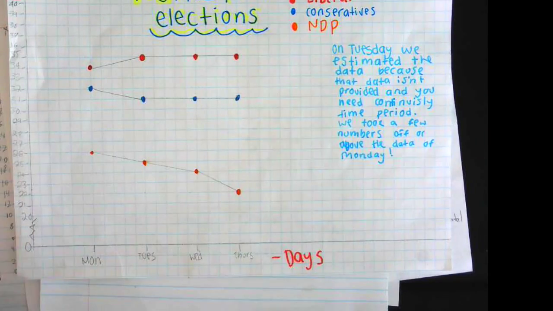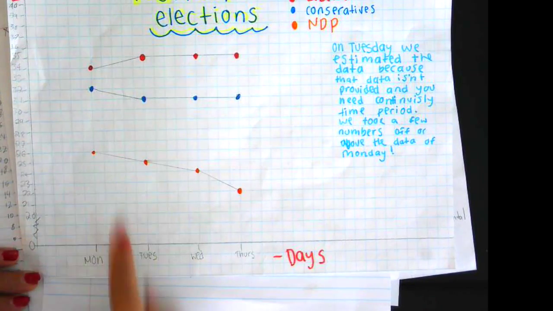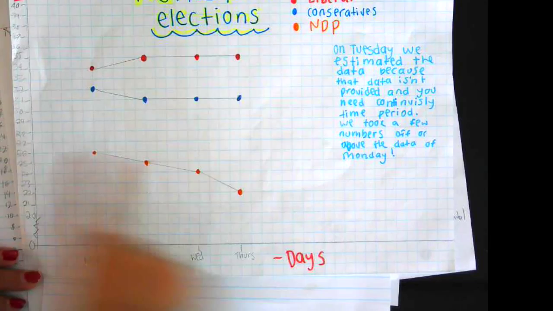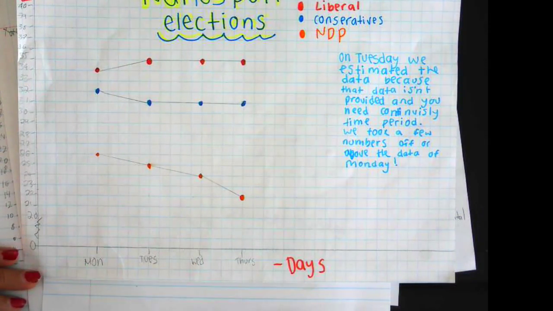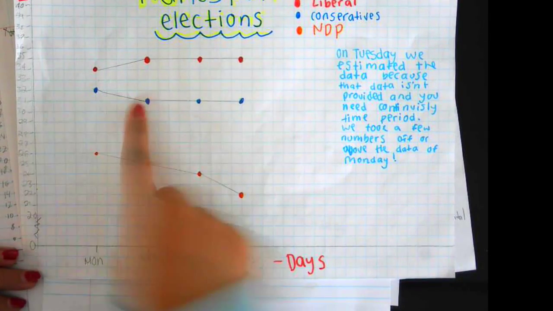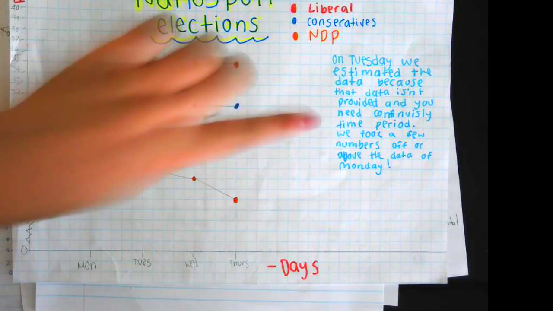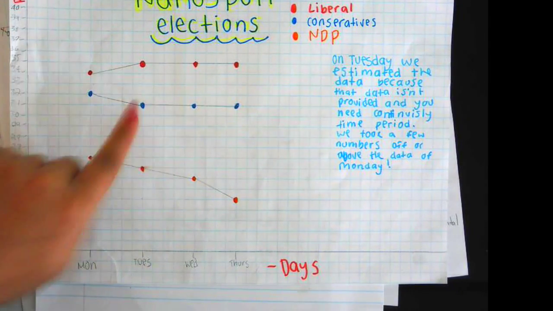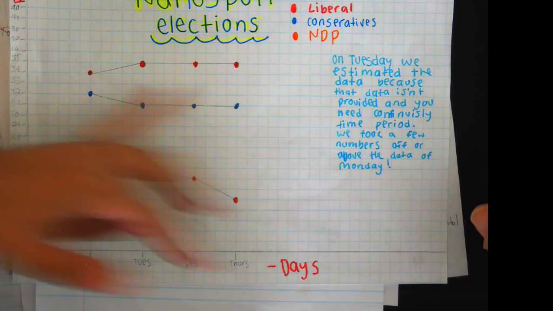We saw that the NDP was going to go down, so we made the number lower than it was on Monday. For conservatives, we saw that it was going down and then it was neutral, so we made it on Tuesday go down and then be neutral, and for the liberals it went up and it stayed the same.